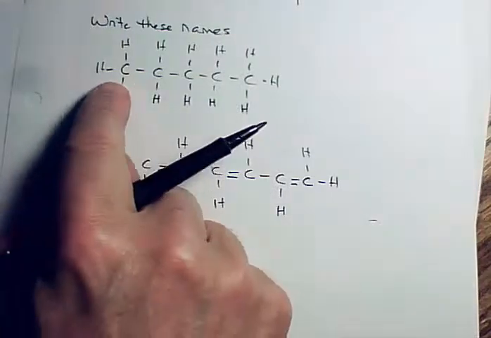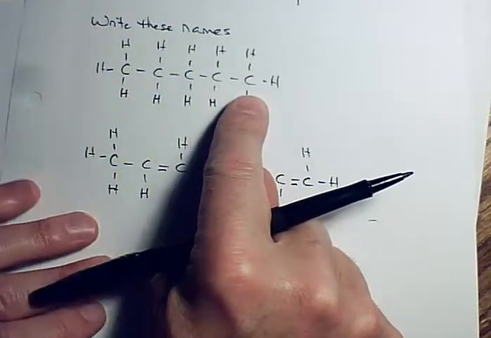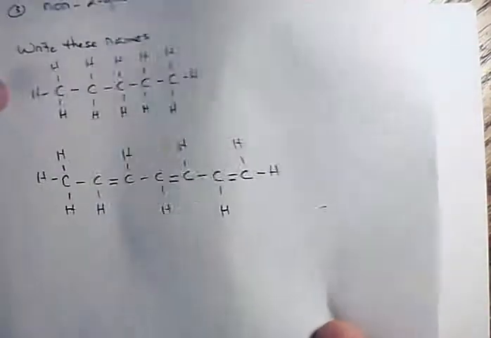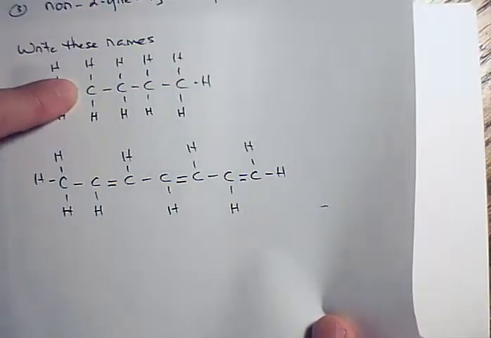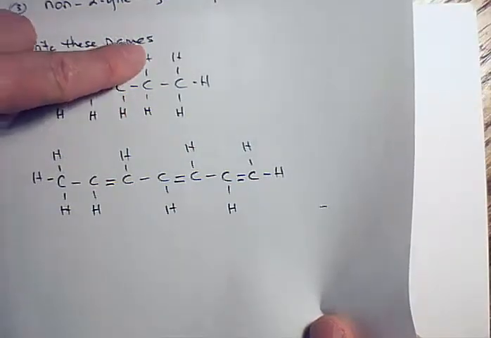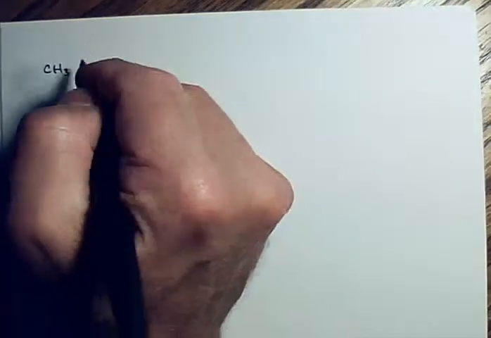So the first one is just pentane. And there are 5 carbons here in a straight chain. This is a CH3, so a condensed structural formula for this starts with CH3. Then we've got CH2 here, CH2, CH2, 3 CH2s.